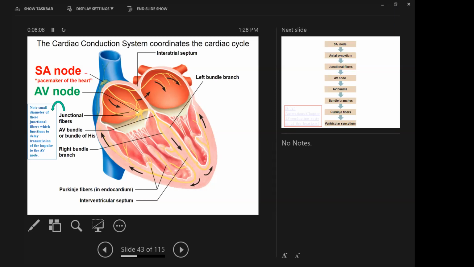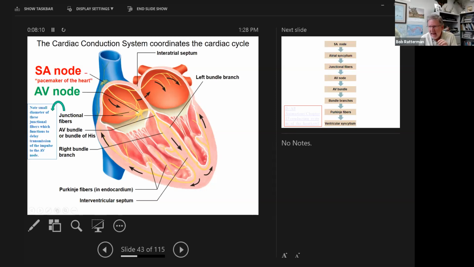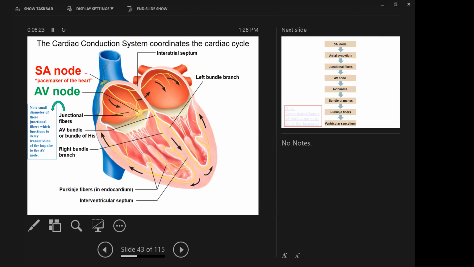Okay. Now think about it. As the ventricles are contracting, guess what the atria are doing? Relaxing. They're undergoing diastole. They're relaxing in preparation for the next cardiac cycle. You see what I'm saying?